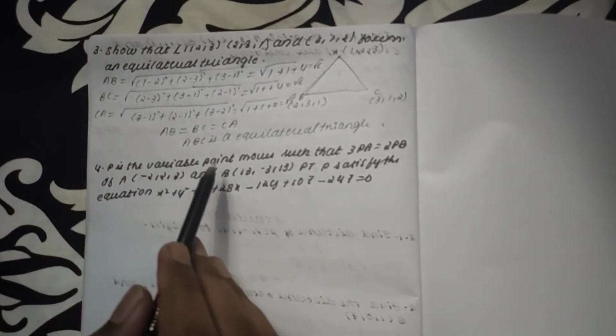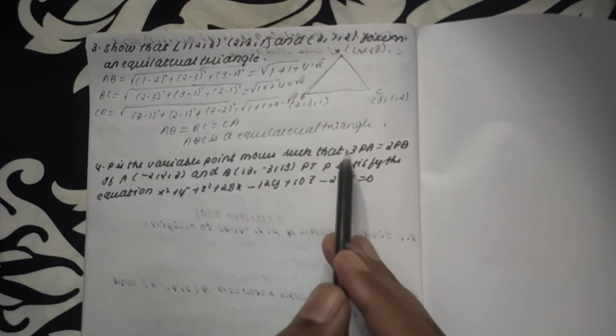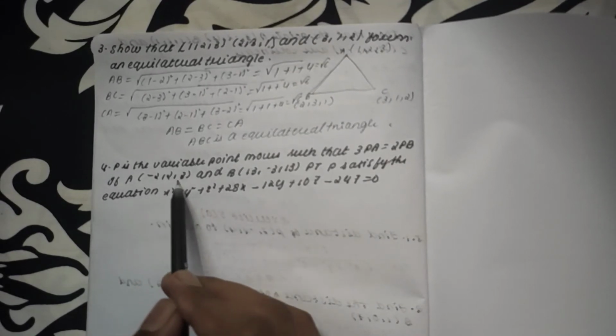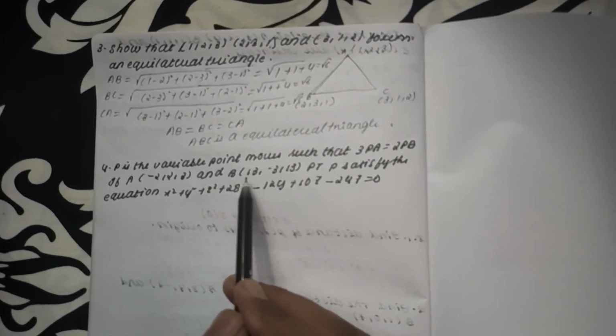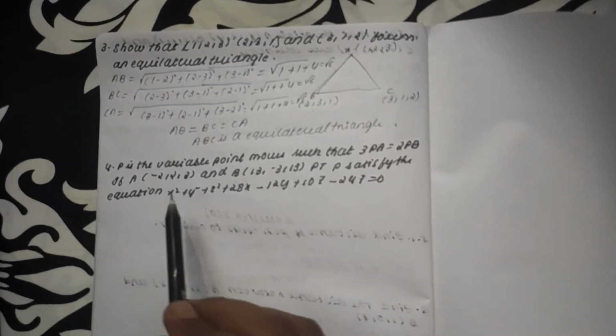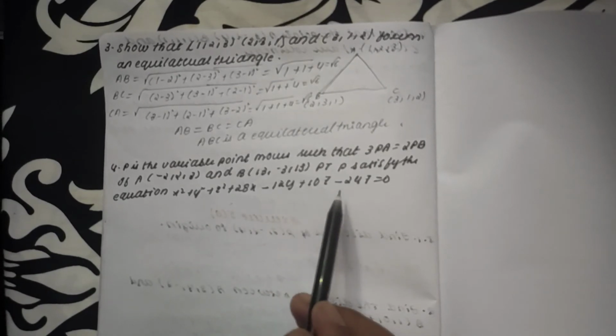I hope you have understood the previous sum. So let's go to the next sum, which is: given that P is a variable point that moves such that 3PA equals 2PB, if A is (minus 2, 2, 3) and B is (13, minus 3, 13), prove that P satisfies the equation x square plus y square plus z square plus 28x minus 12y plus 10z minus 247 equals 0.